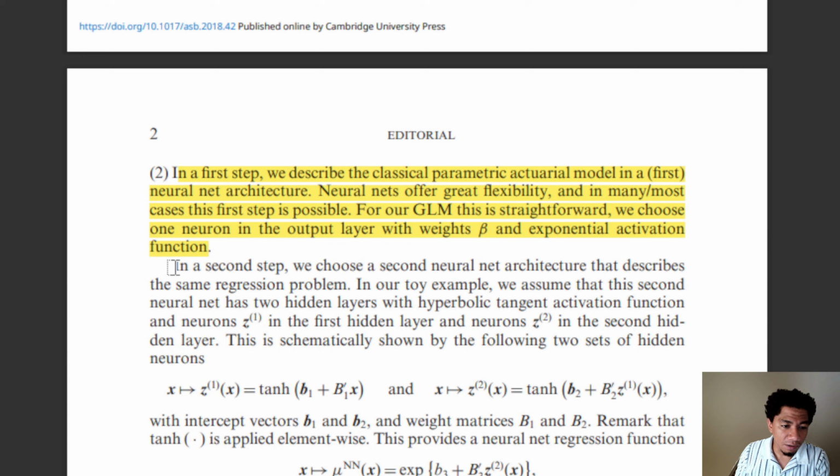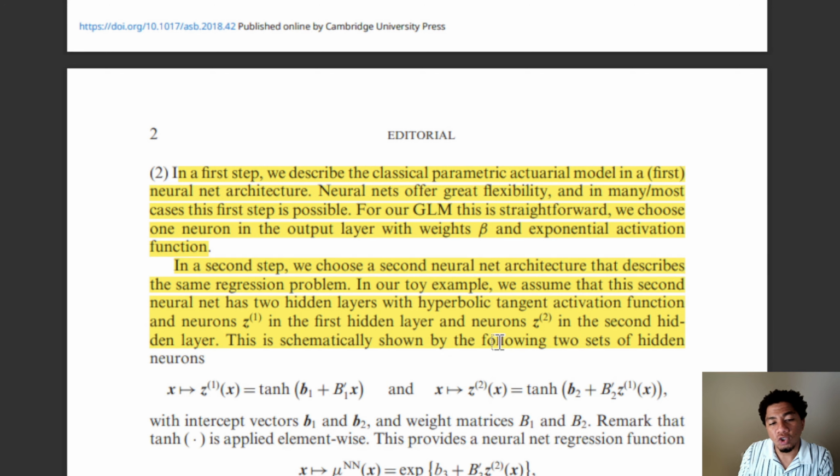the authors then say, in a second step, we choose a second neural net architecture that describes the same regression problem. In our toy example, we assume that this second neural net has 2 hidden layers with hyperbolic tangent activation function and neurons Z1 in the first hidden layer and neurons Z2 in the second hidden layer.